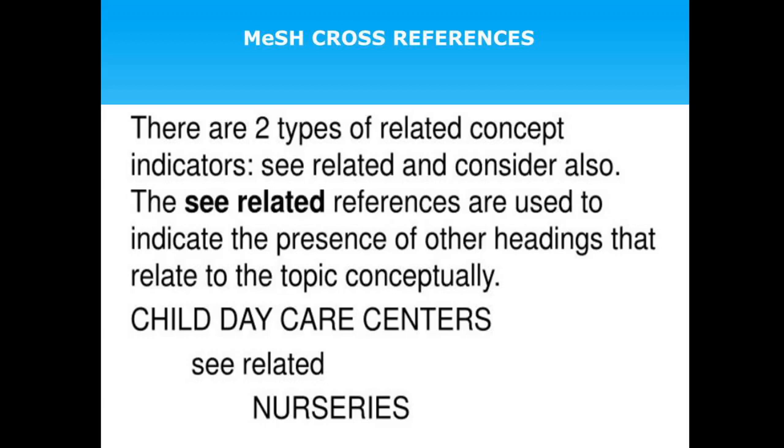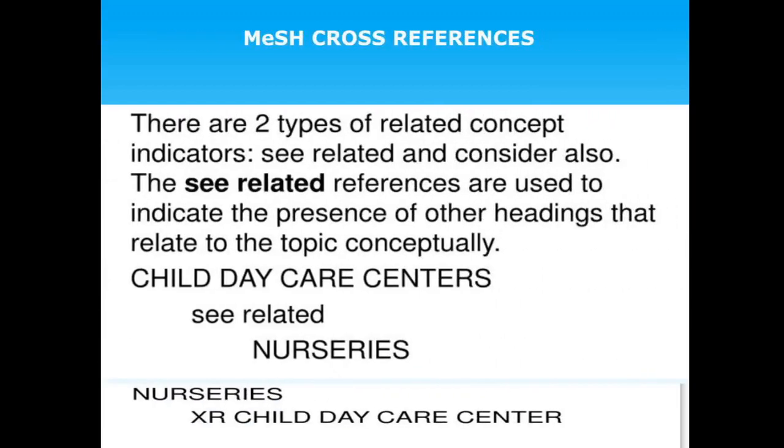So see, child daycare: if the title has child daycare centers, they are based on the conceptual relation. You can see related documents, the documents related to nurseries. So they are conceptually related. For that they use See Related, which is represented using the notation XR, whereas See is represented using X. Okay, remember that.